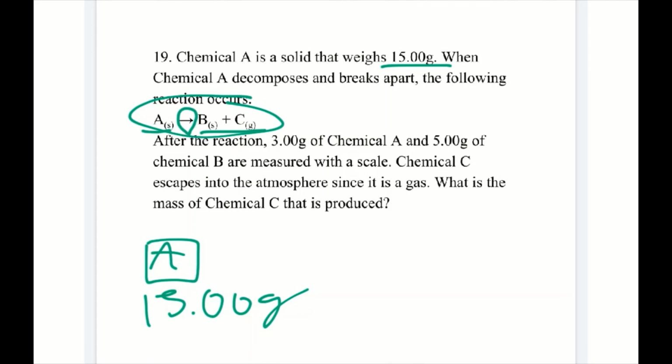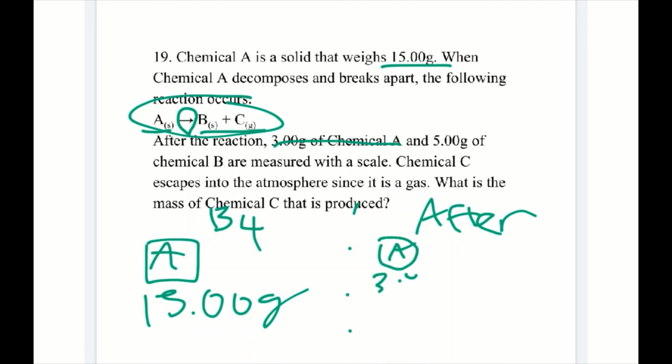So this is before and this is after. After the reaction, we have less of chemical A, only 3 grams left, and 5 grams of chemical B are measured with a scale.